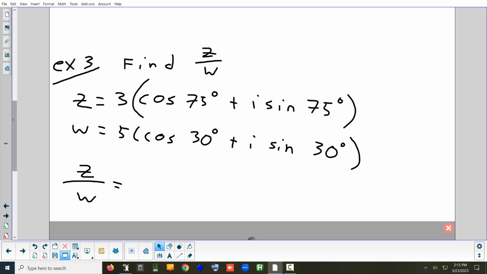Okay. What's your radius going to be when you divide z by w? 3 over 5. We just leave it as 3 over 5. And what's your angle going to be? 45. 75 minus 30.